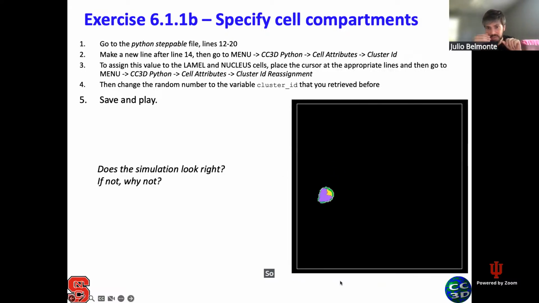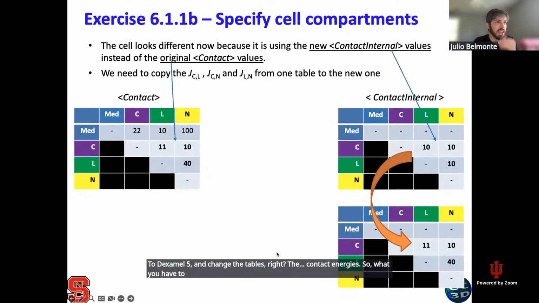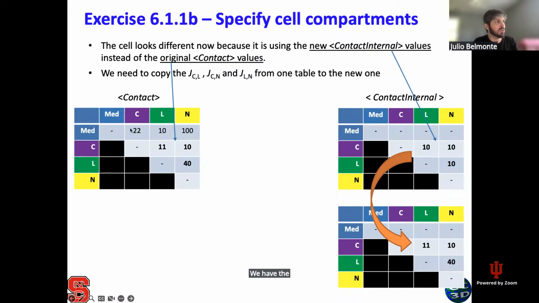So what you have to do now is go back to the code, to the XML file, and change the tables, the contact energies. What we have now is what you have seen on the top. All our energies are still in the ContactExternal plugin, and the ContactInternal plugin that you just created has 10, 10, 10 for all the internal compartments.